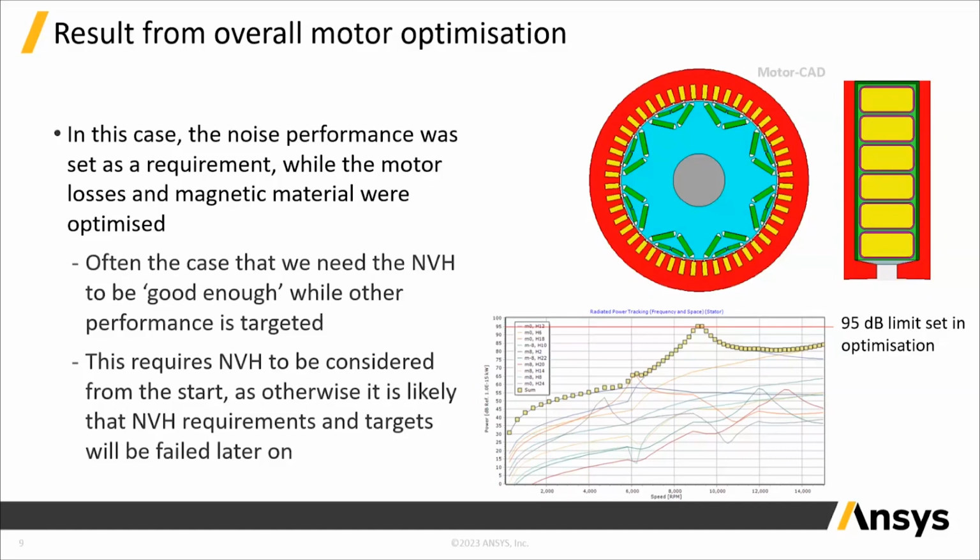So, following the initial NVH analysis as part of our optimization, what we now aim to do is to understand the noise performance, to explore additional options for noise reduction without significant adverse effect on the other performance metrics, and also increasing the fidelity of the analysis.